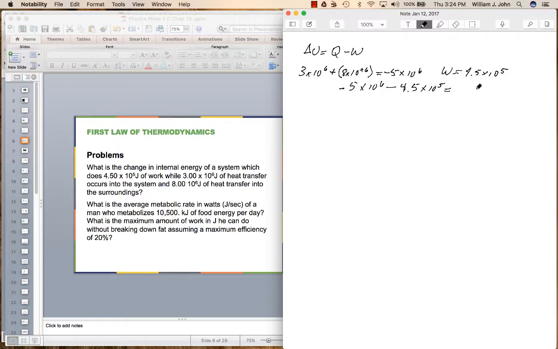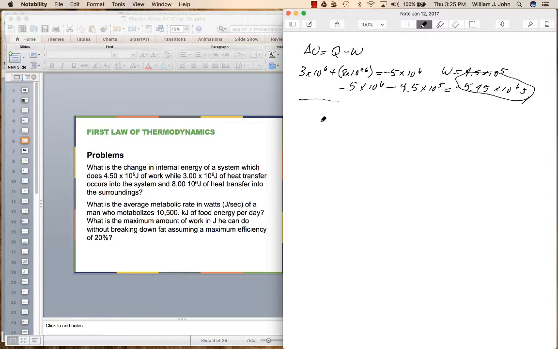So the total change in internal energy is minus 5.45 times 10 to the 6th joules. So that's the first problem. So the internal energy of this system would lose a total of 5.45 times 10 to the 6th joules.